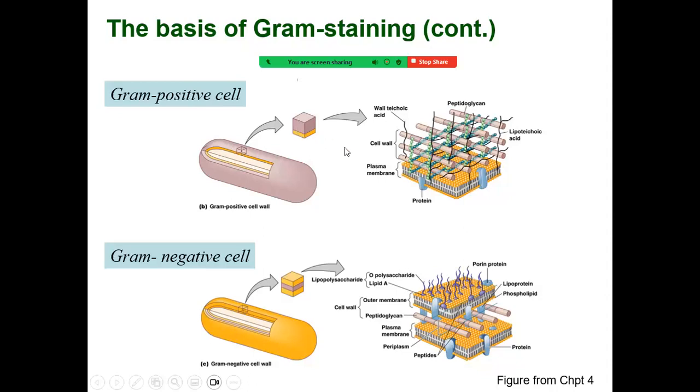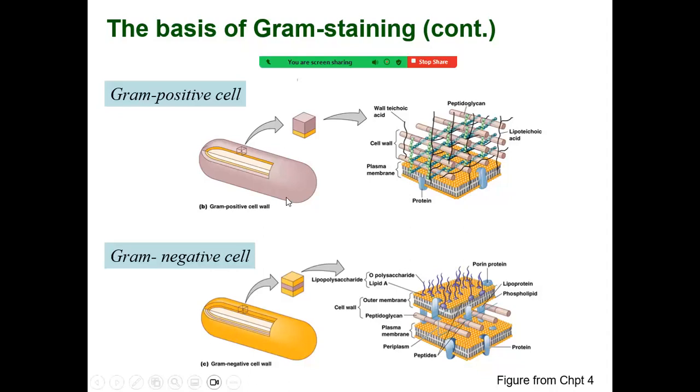This is many layers thick. This slide is only showing you 3 layers of peptidoglycan, but at a minimum, it's about 20 layers of peptidoglycan in the gram-positive cells. And depending on the cell, it could be hundreds of layers of peptidoglycan, but a minimum of 20.